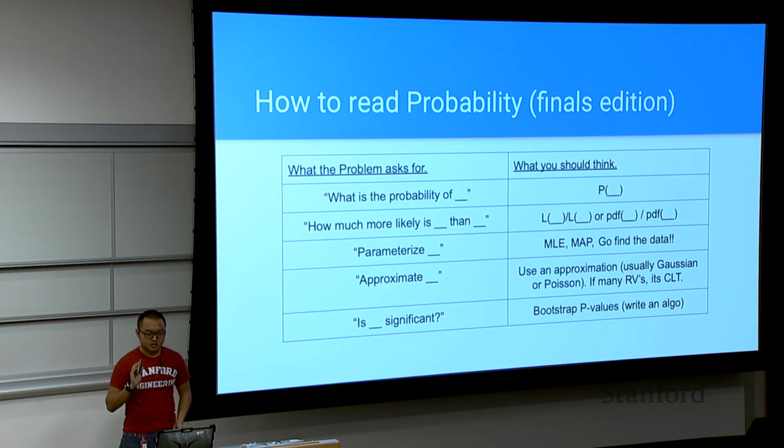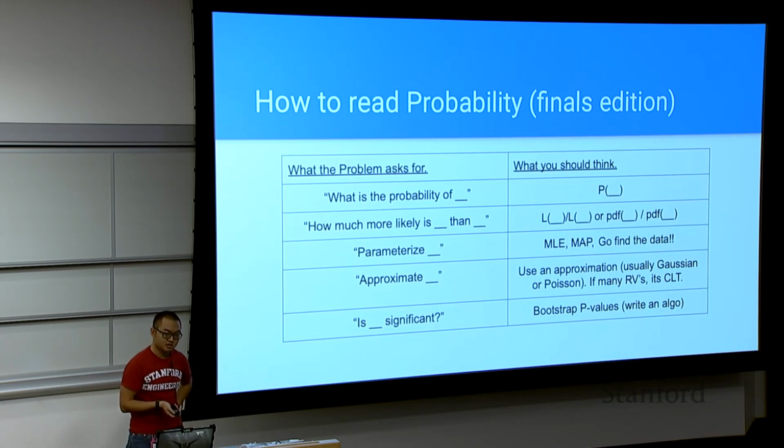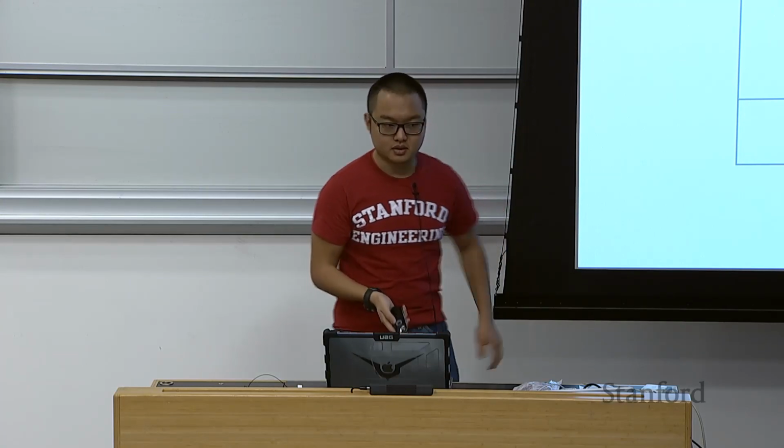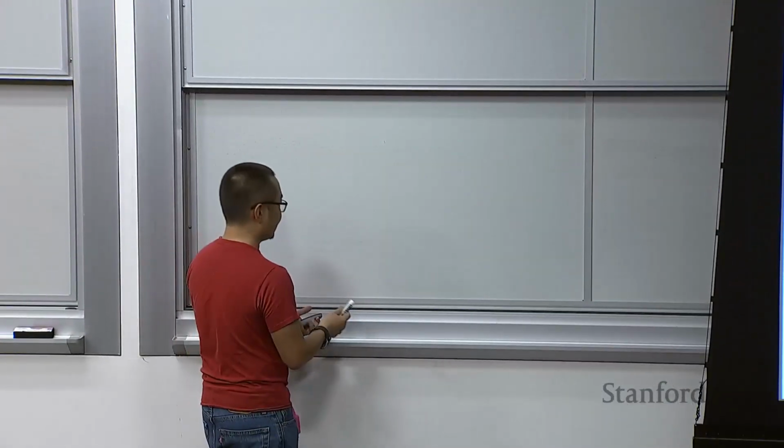Yes, what do you mean by likelihoods? Oh, a likelihood is the product of a PDF. So for problem 7, maybe I should explain what that is. It's just this thing. Your likelihood is like this.